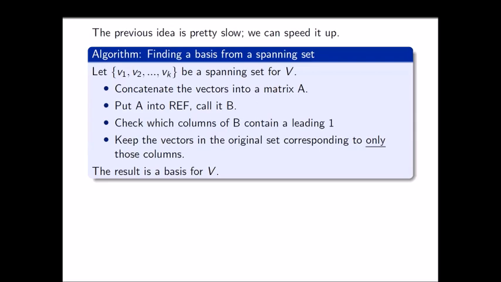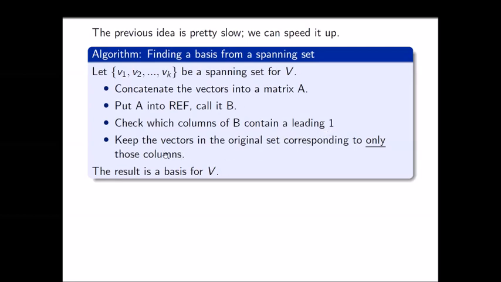So here's an algorithm to find a basis from a spanning set. What we do is we take our spanning set. So let's say there are k vectors that span this subspace V. We concatenate them to form a matrix A. We use row operations to put this matrix A into a row echelon form and call it B. We check which columns of B contain a leading one.